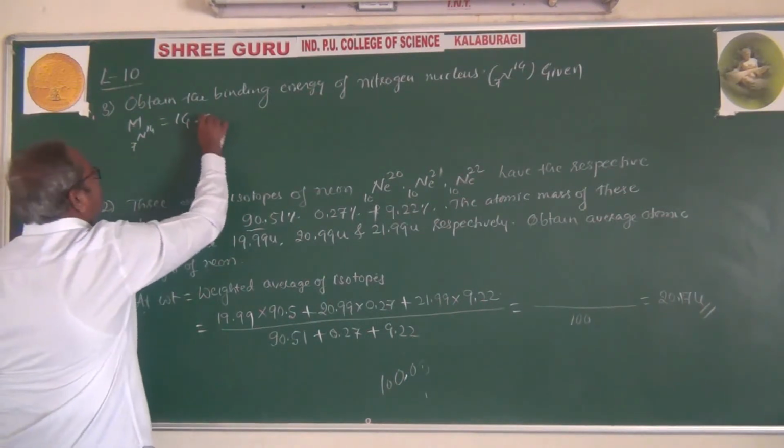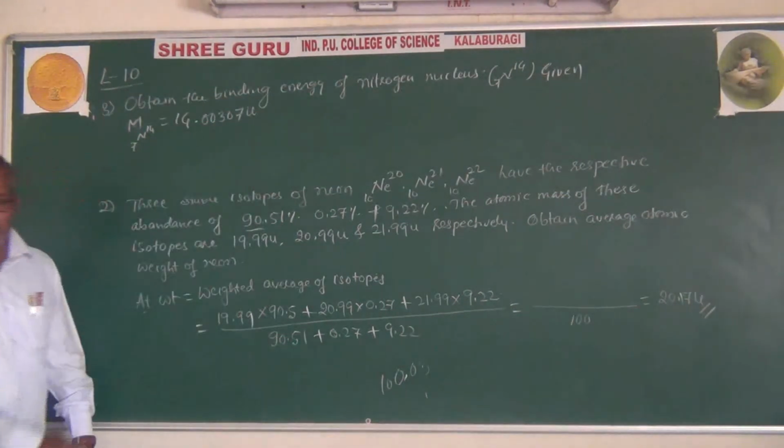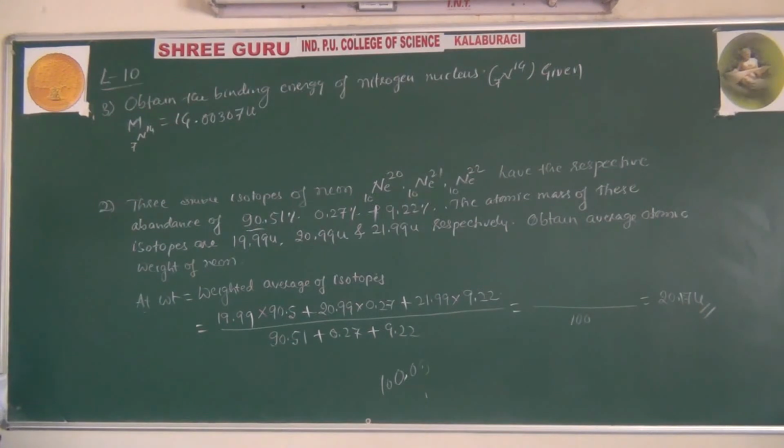14.00307 U. Here we have to find the binding energy in mega electron volt.